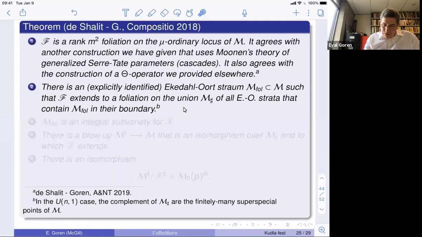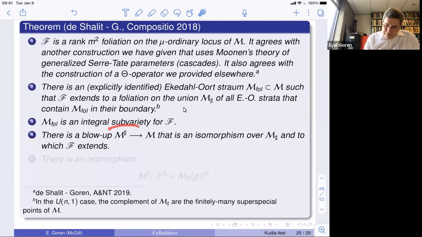And once more, this foliation does not exist everywhere. It actually exists on a certain part of the moduli problem. Like for surfaces that we had to blow up at super special points, here there's really a subvariety that you have to blow up to define the foliation, and that's what we call M sharp. Only there the foliation exists.